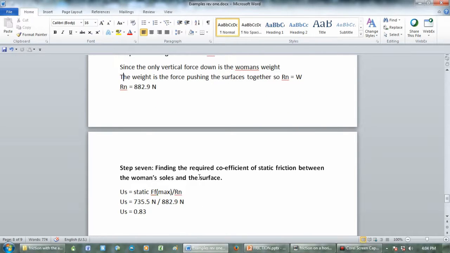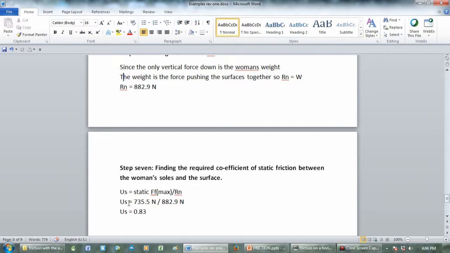Step 7. Finding the required coefficient of static friction between the woman's soles and the surface. The static coefficient of friction equals the maximum static friction force divided by the normal reaction force.